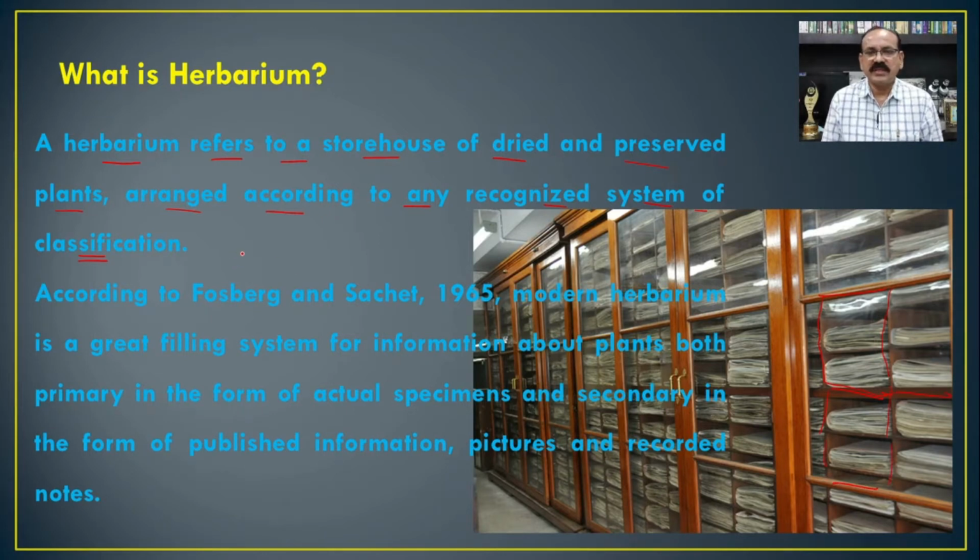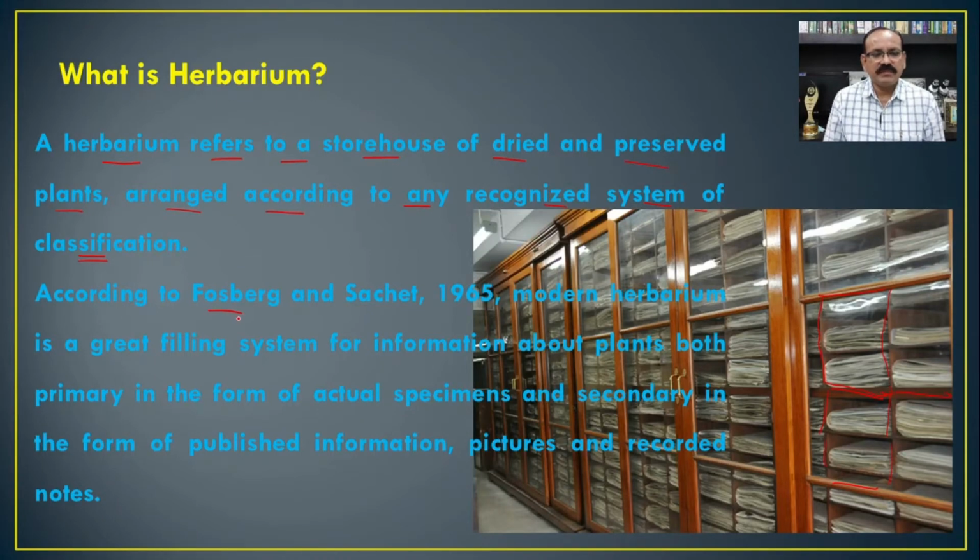So in such almirahs, we have to keep the different herbarium sheets according to the system of the classification. Very commonly, the classification given by or proposed by Bentham and Hooker as well as the Engler and Prantl are commonly used in most of the herbaria of the India as well as in the other countries.